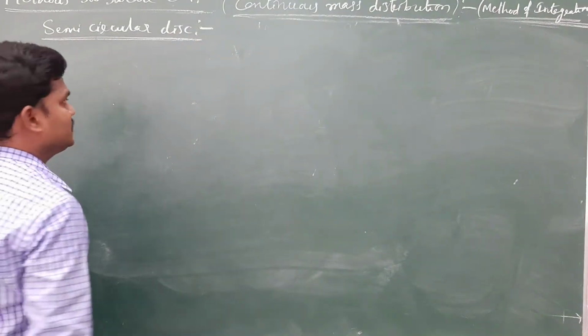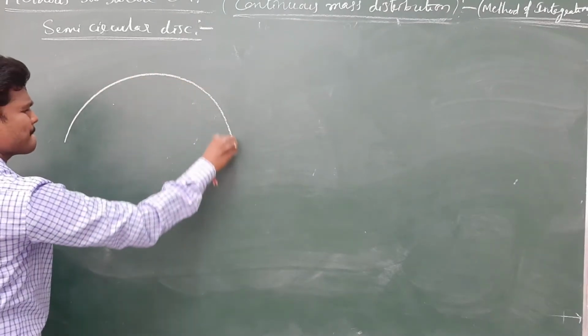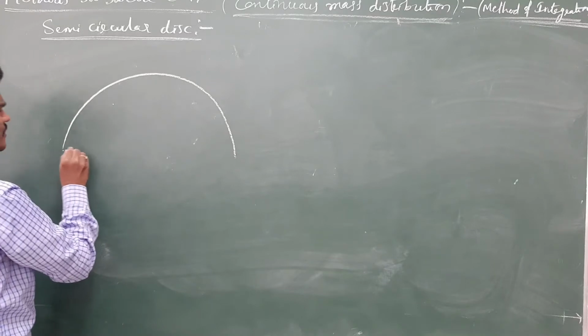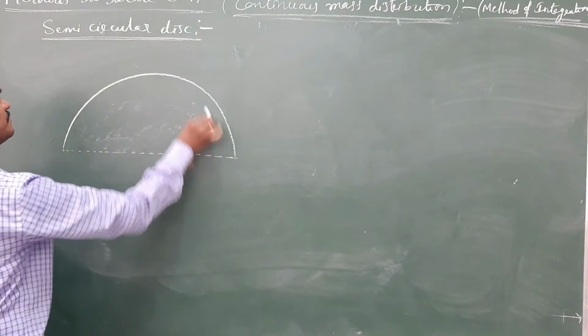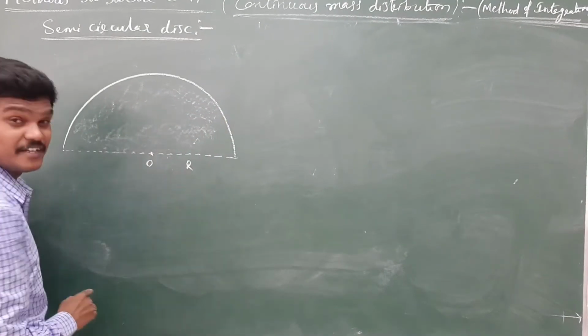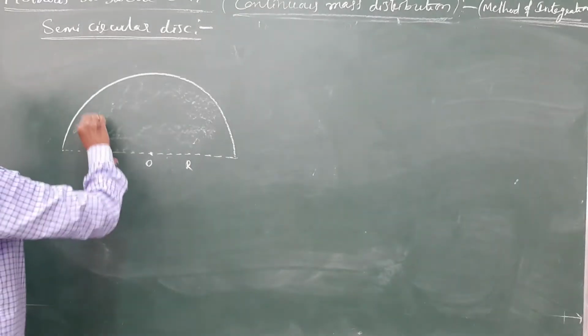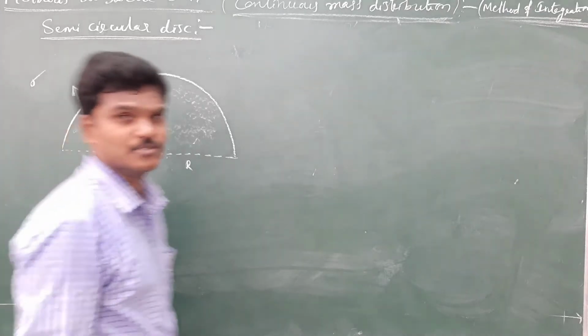See, this is the semicircular disc whose radius is r. O is the center, r is the radius. For the semicircular disc, there is a sigma, since it is an areal object.